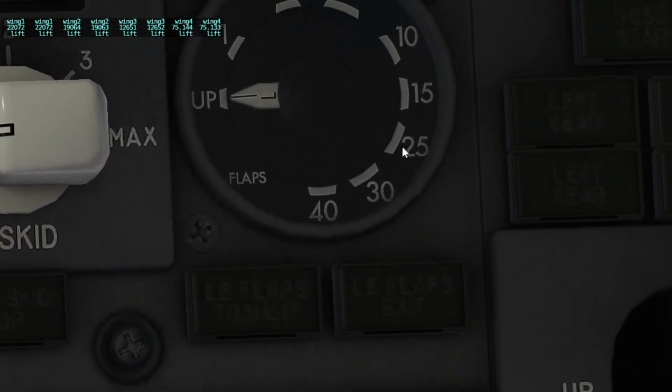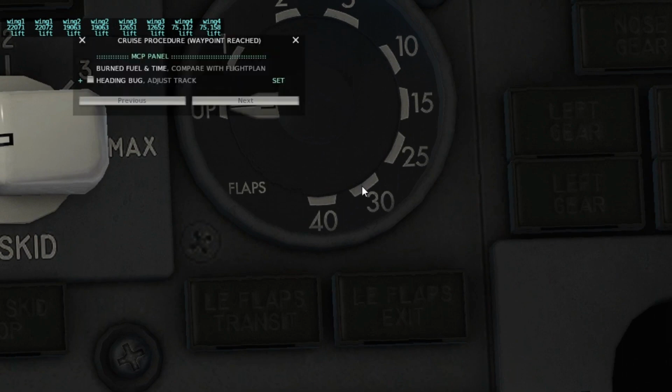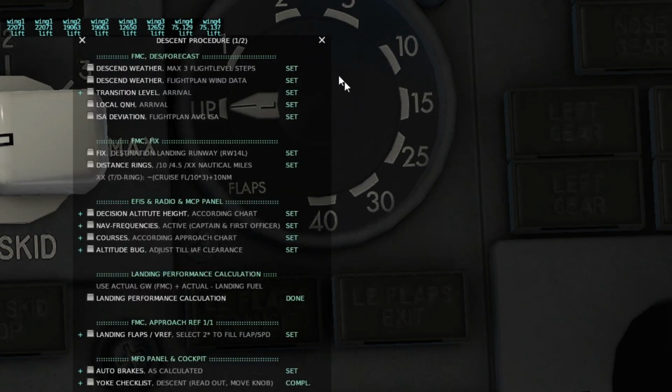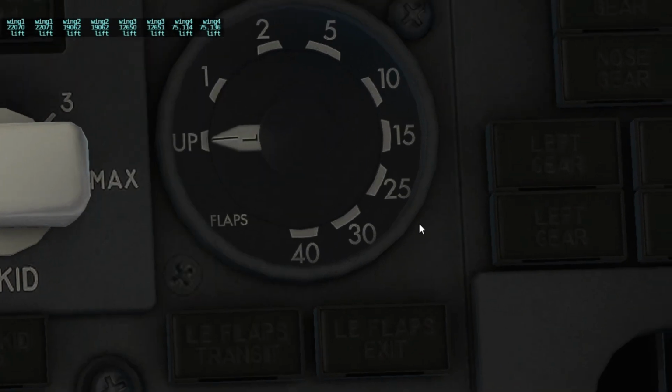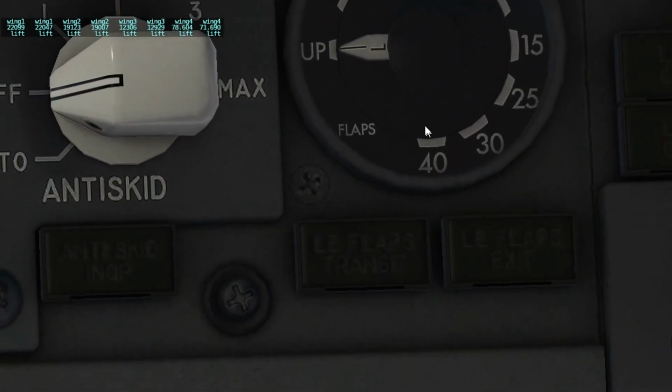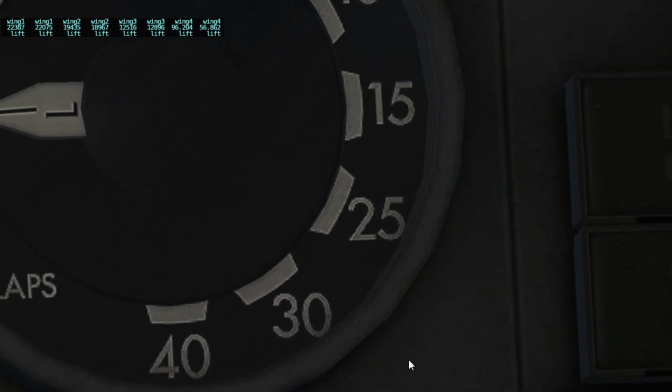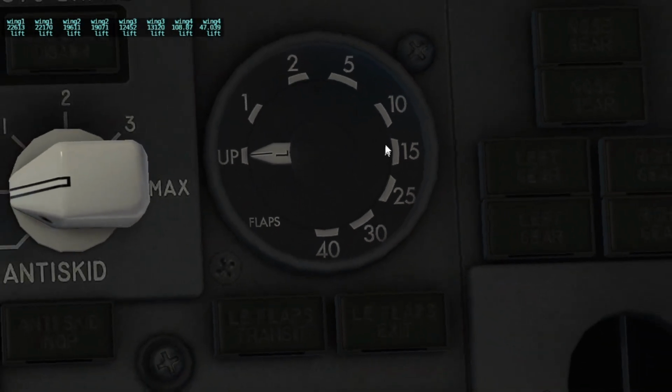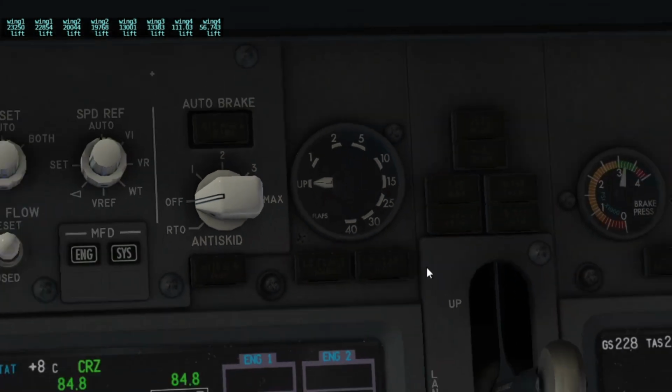whatever. So if you're using landing flaps, flaps 30 or flaps 40, it'll be flaps 15. And if you're using flaps 15 for landing, it's going to be flaps 1 for the go-around.